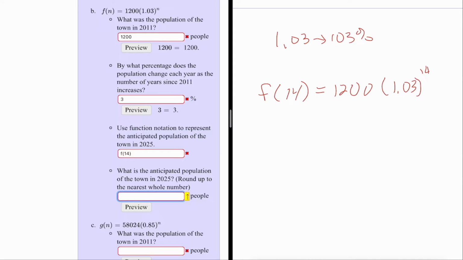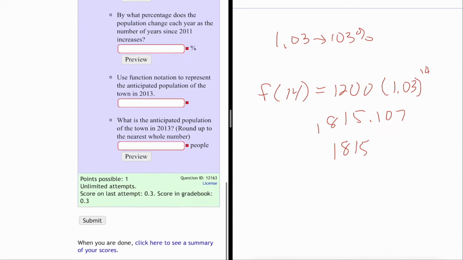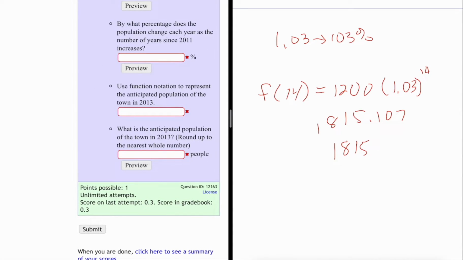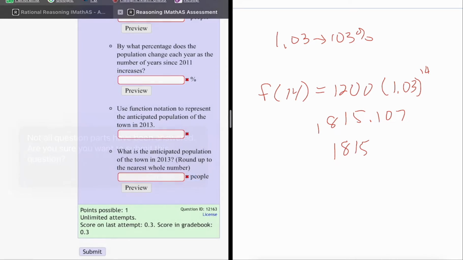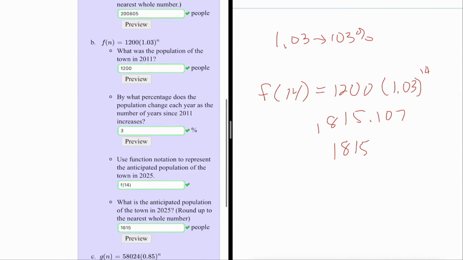And so this is what my calculator reads. So the nearest whole number is 1,815. So that is B.